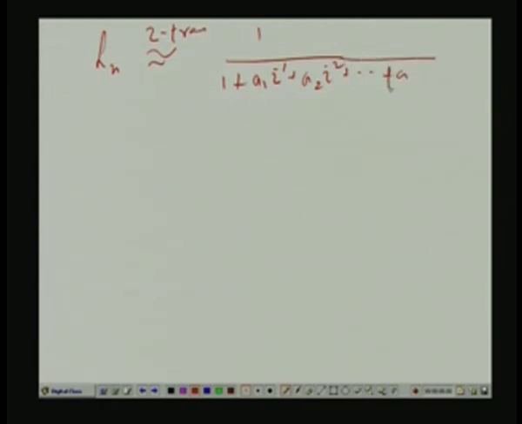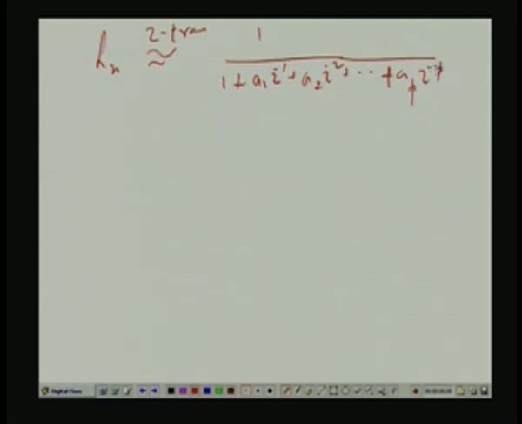Okay. So, we will be approximating that actual sequence H n, if you take its Z transform, is approximately equal to 1 plus, and this is a pth order model I am taking.